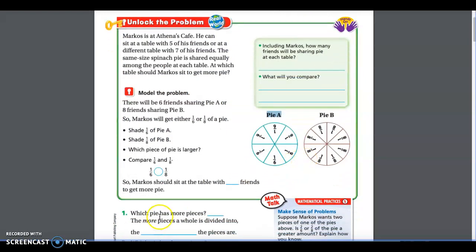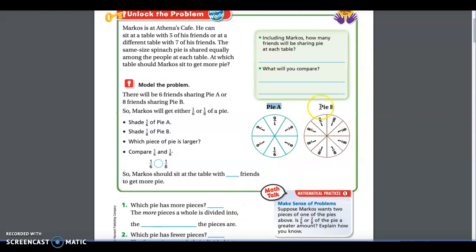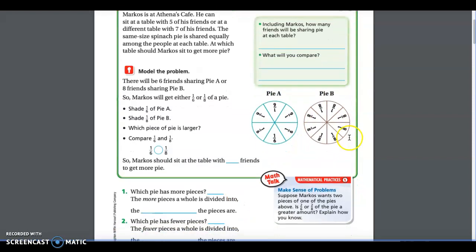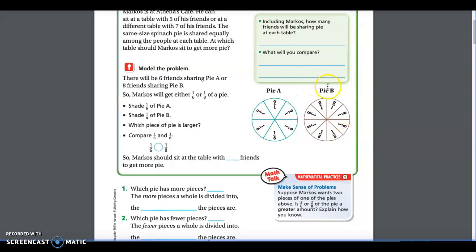And now number 1, which pie has more pieces? Well, pie B has a little more pieces, but they're skinnier than pie A. Exactly. The more pieces a whole is divided into, the smaller the pieces are. So what are we doing, the questions right there?